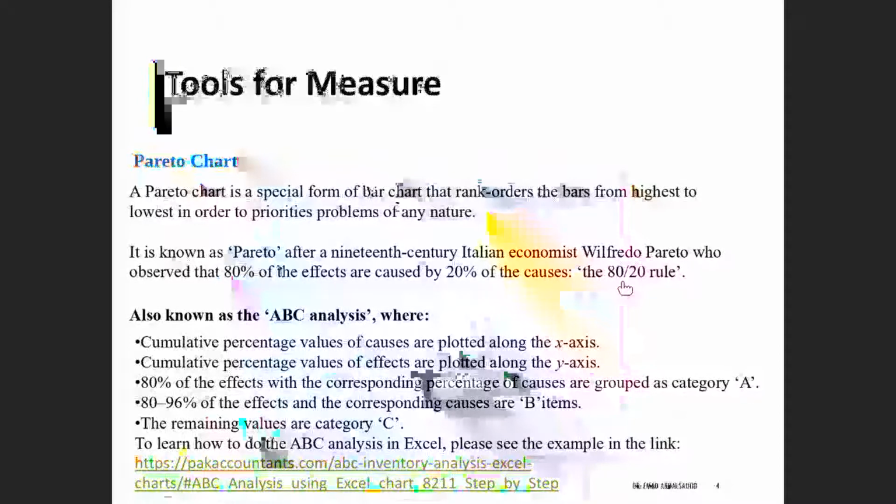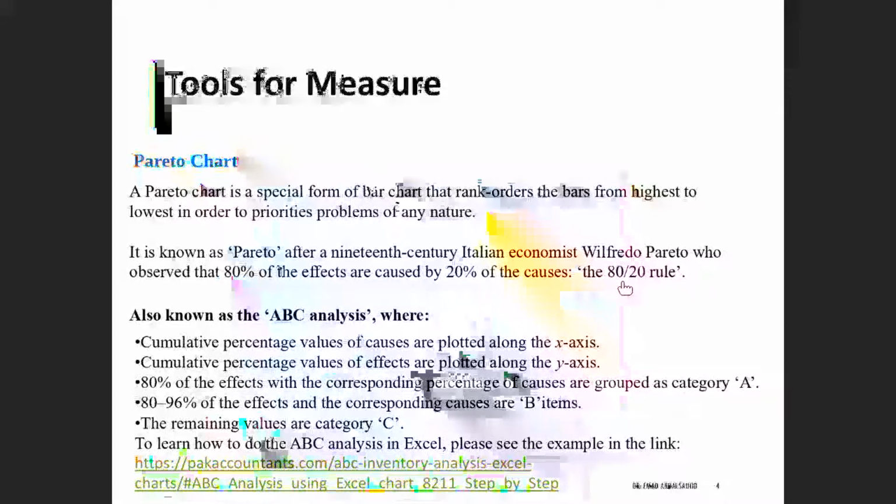The 80-20 rule says that if you focus on the 20% of those causes that I listed, you will resolve 80% of the complaints. So if the majority of the complaint counts, let's say 20% of the causes, applied to the instructor, then focusing on the instructor will resolve the majority of the complaints.